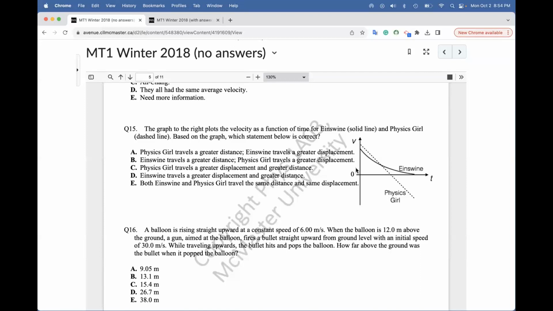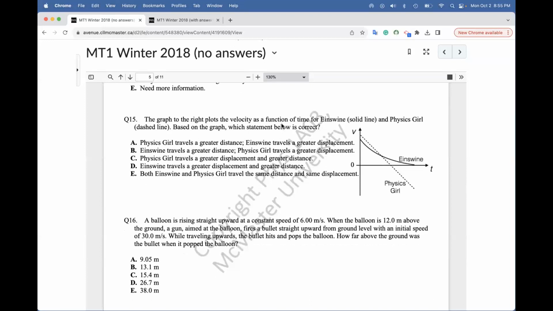Let me just check. Sorry, I think it's slightly off. It's not 0.5, it's 0 point something something.